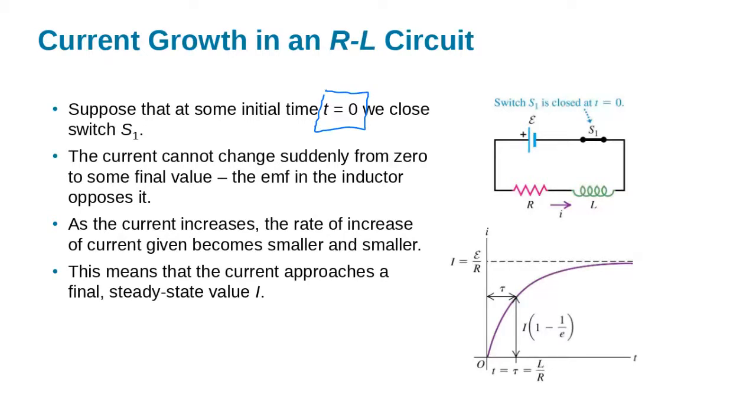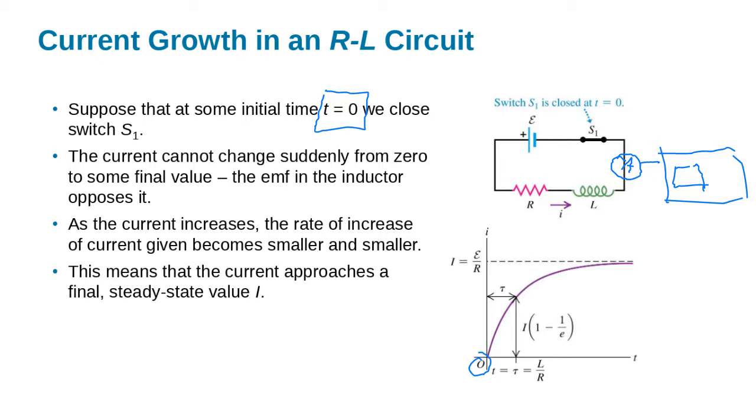Say we've got some ammeter in the circuit, which could be connected to an oscilloscope, which could then track what happens to that current over time. We're going to start at time equals 0, and the current can't change suddenly from 0 to some final value, because the EMF induced in the inductor opposes that current.